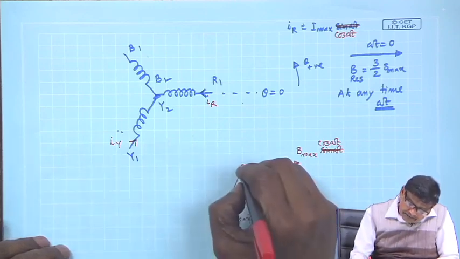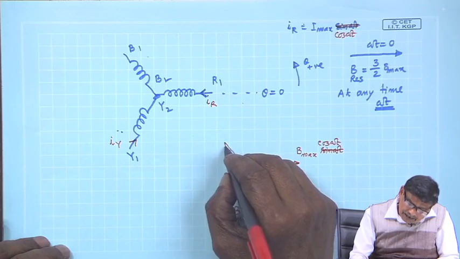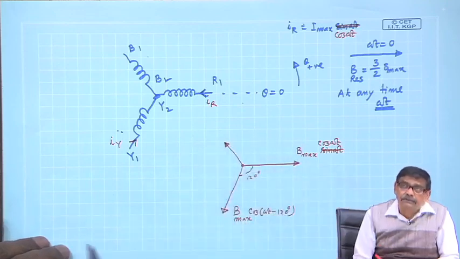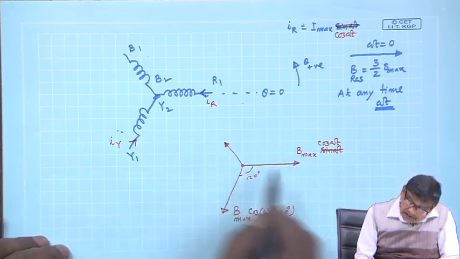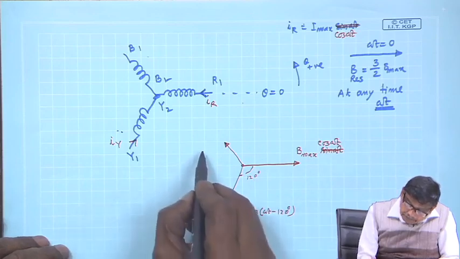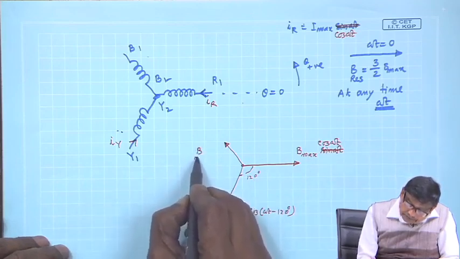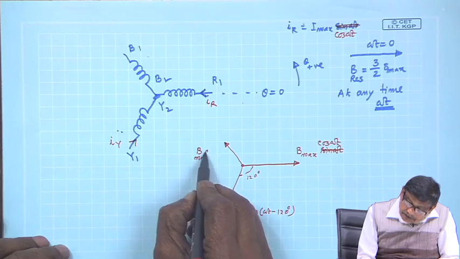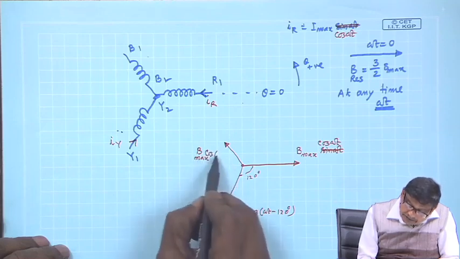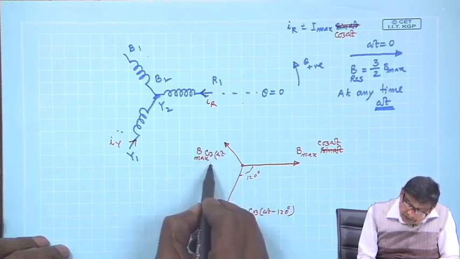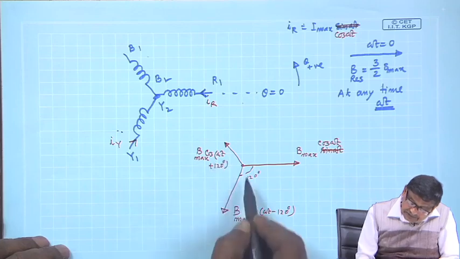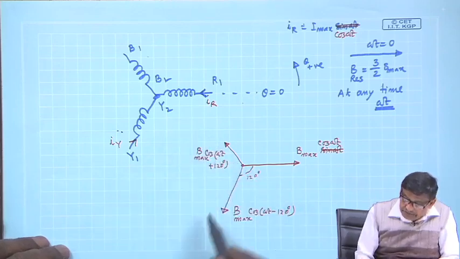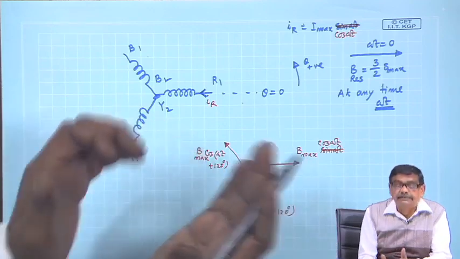Similarly, the B phase will be maybe like this, I do not know, and it will be B max cosine omega t plus 120 degree. This will be the B phase, this is the Y phase, and I want to add these 3 vectors up.